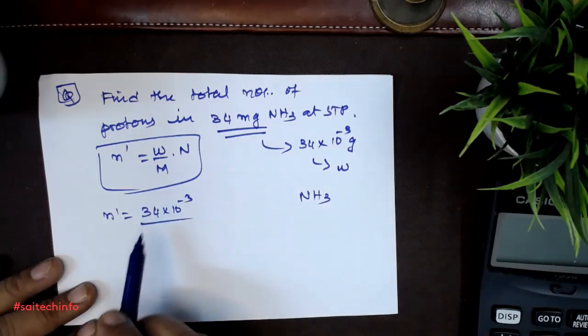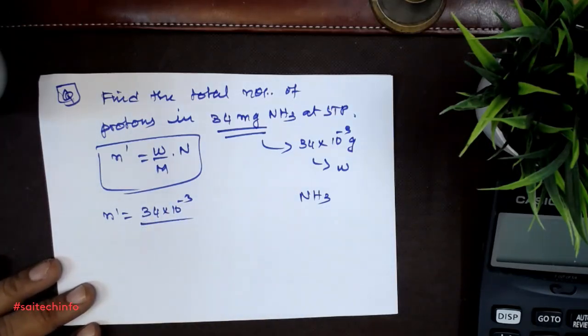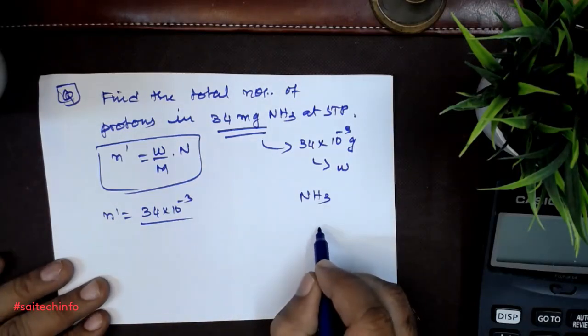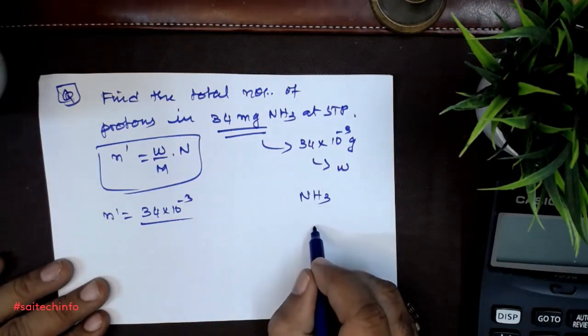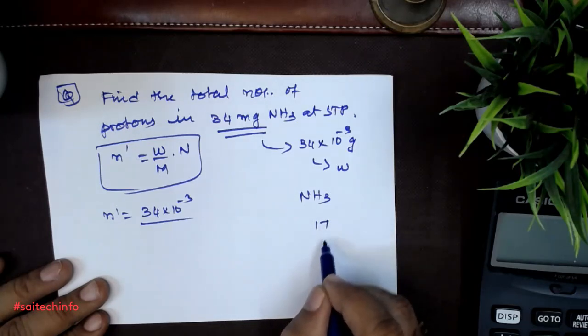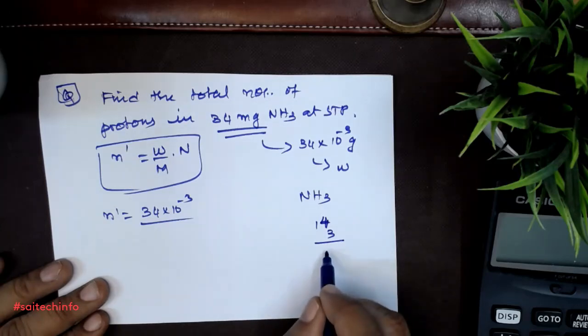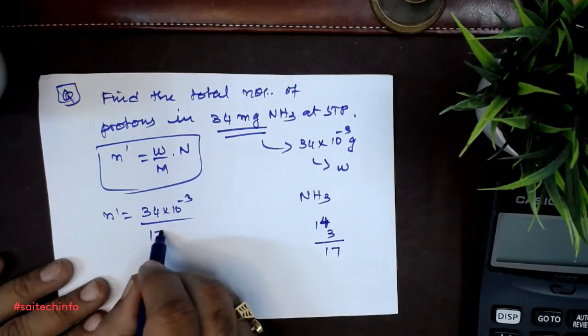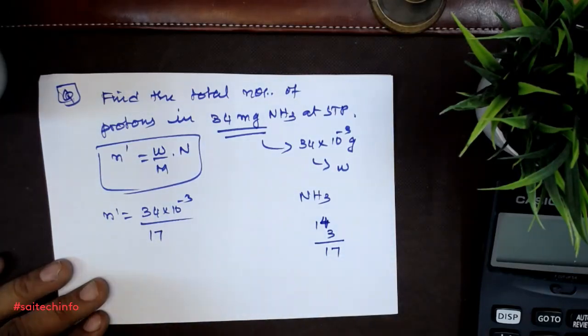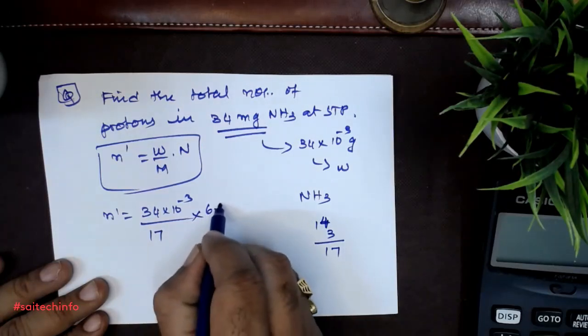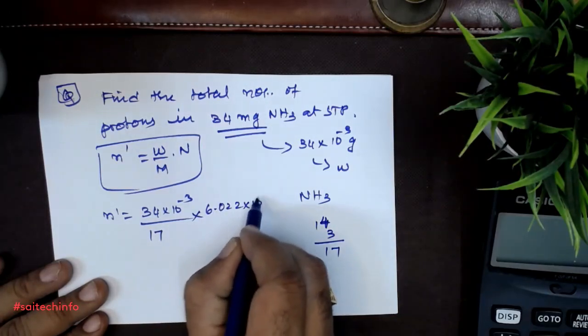So N dash, the number of molecules, is weight, 34 into 10 power minus 3 gram, divided by the molecular weight of ammonia. Ammonia is how much? Nitrogen is 14, hydrogen 3, so 17. So divided by 17, into Avogadro's number 6.022 into 10 power 23.